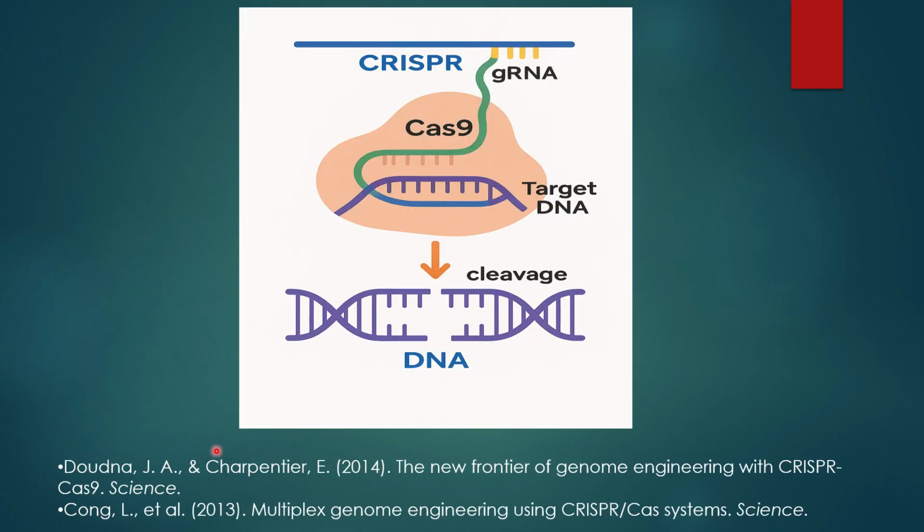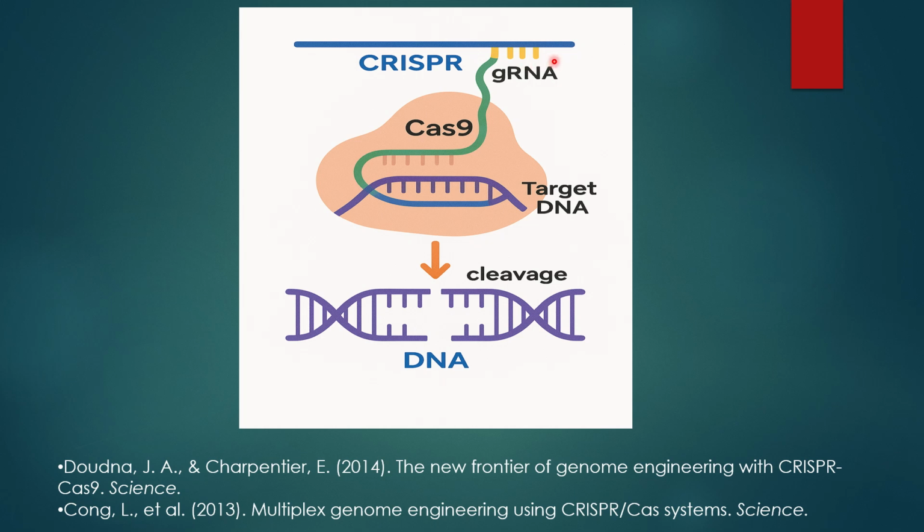So let's see how CRISPR as a genome editing tool works in gene therapy. A stretch of around 20 nucleotide base pairs that matches the gene of interest is generally made, and it is generally RNA.